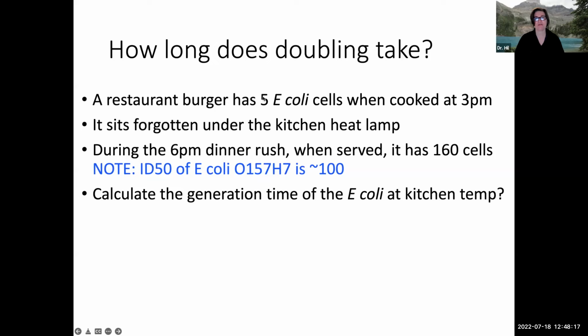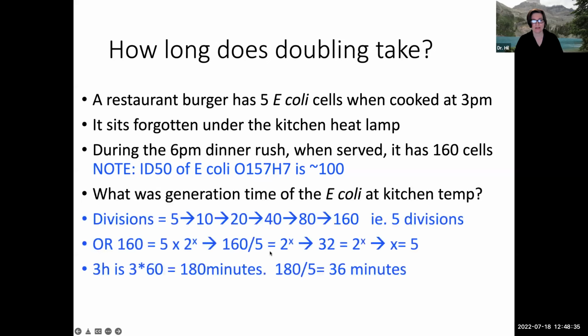So in the first division, 5 goes to 10. 10 goes to 20, that's the second. 20 goes to 40, right? That's the third. To 80, to 160. That's 5 cell divisions. And we have 3 hours, okay? And so we take our 3 hours and divide by 5 to get 36 minutes.